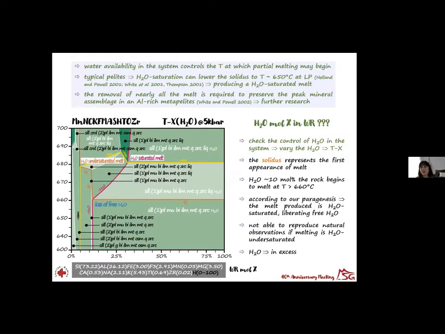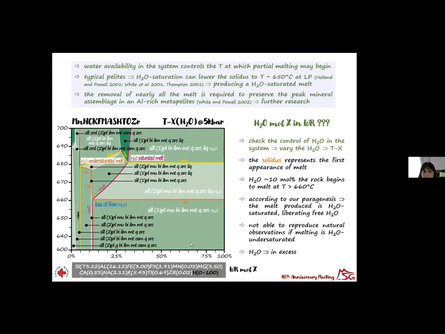And we also examined the amount of water that we needed to introduce into the system, to be sure that the melting process had the correct amount of water. We know that in typical pelites, which are aluminum-rich rocks, the H2O saturation, so water saturation, can be really low at low temperature and low pressures, and can produce water-saturated melt, which is exactly what happened to our rocks.